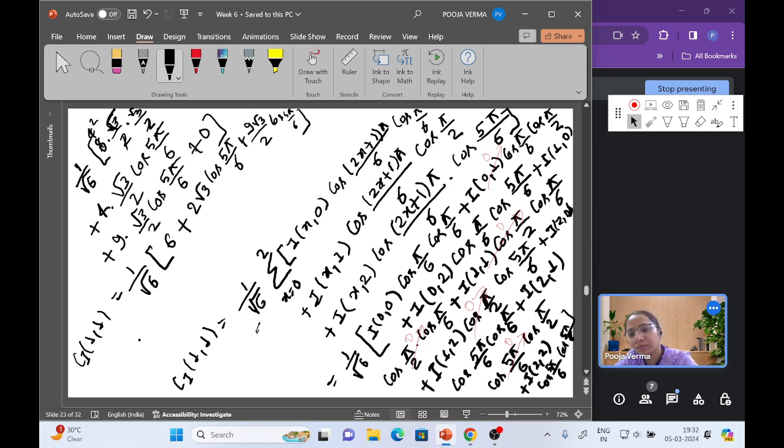Okay, let's try to solve this. 1 by root 6, then 6 plus, this is cos pi by 2, so we can add this, 4 plus 9, 13 root 3 divided by 2 cos 5 pi by 6.